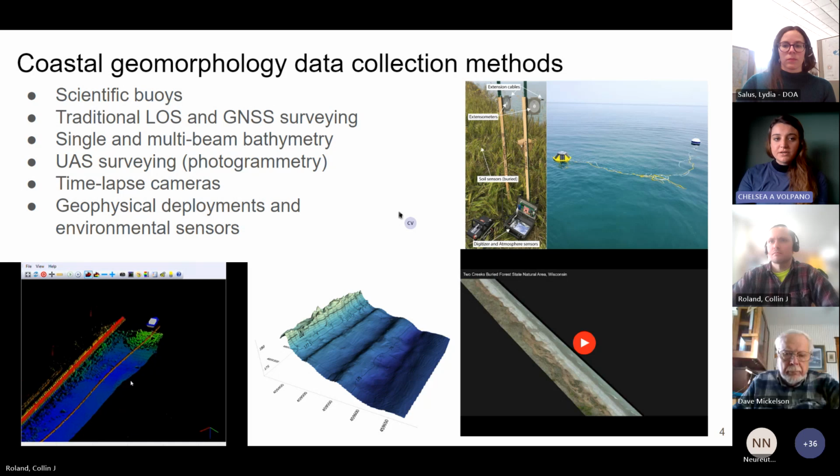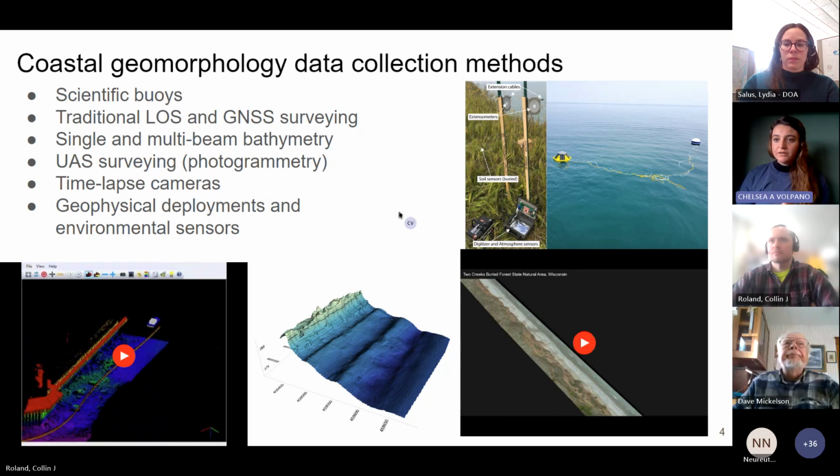We also use UAS surveying, so drones, pretty heavily to make 3D models of the above water portion of the coastline, time-lapse cameras to look at how geomorphic events tie to conditions on the coastline in real time, and then geophysical deployment. So we have a picture of the badgers in the top left here, and those measure basically landslides as they occur.